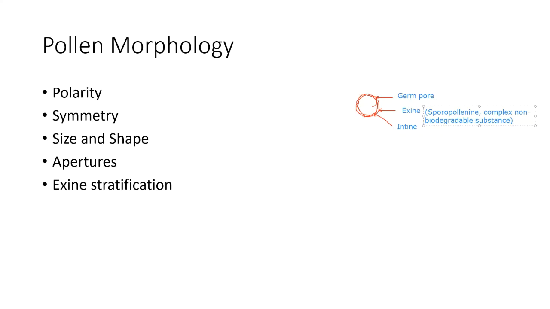Fossilization is a process which takes place after millions of years under tremendous pressure and temperature. So even in that fossilized form, the wall of the pollen grain remains as it is, and that is due to this exine. Then what about pectin? Pectin is biodegradable, and that is present in the intine. So the intine is inner, thin, made up of cellulose and pectin, and obviously it is biodegradable.